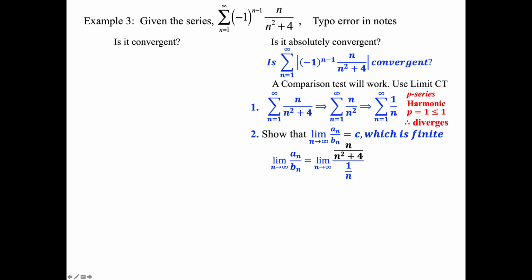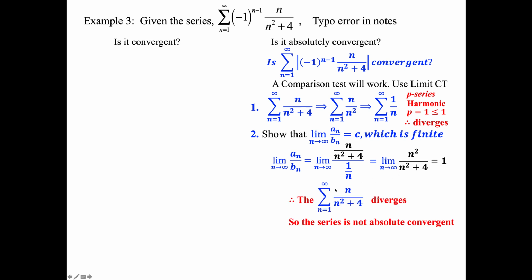We don't divide by fractions, we multiply by the reciprocal, so multiplying the n to the top gives me n squared. And we can see this is your horizontal asymptote rule. Top power same as bottom power, leading coefficient ratio, 1 over 1. Your limit is 1. Our limit was equal to c, which is finite, so it does verify that it diverges. So this is not absolute convergence.